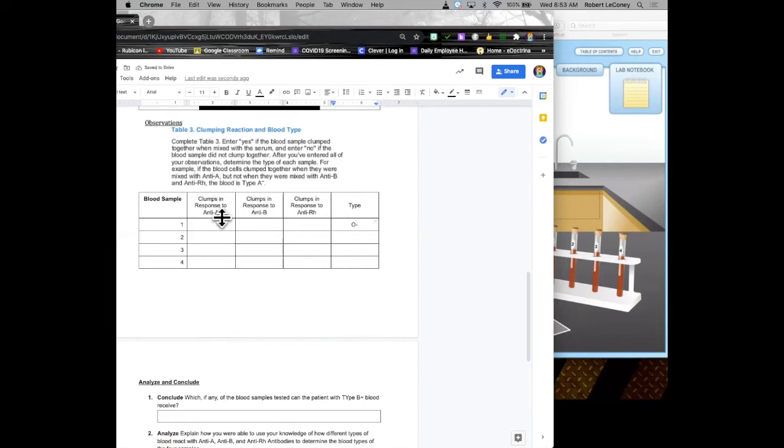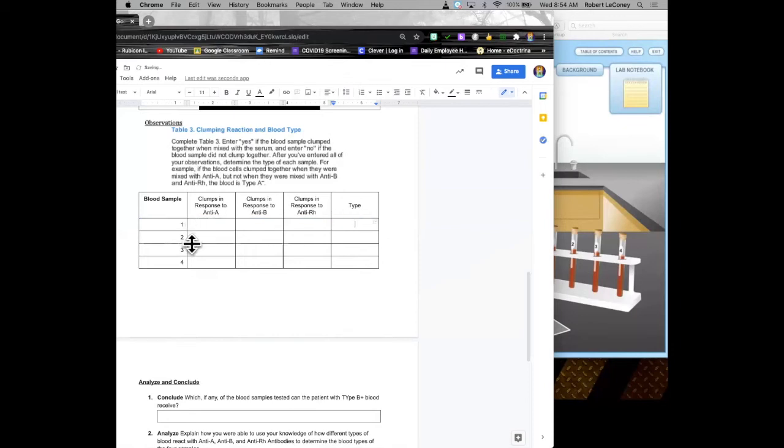Remember, if it clumps, then it has the antigen. If anti-A makes a clump, it has A antigens. If anti-B makes a clump, it has B antigens. If it does not clump, it does not have the antigens. And that is how you're going to know the types are named after the antigens.